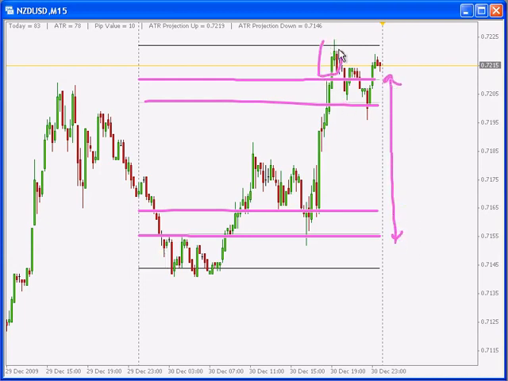But as we can see, price has indeed broken beyond the 70% bands. In fact, as I was mentioning before, price has broken beyond the 100% bands because today we've moved 83 pips and the average daily range is 78 pips. So today is a larger than usual, or more volatile than usual, trading day.